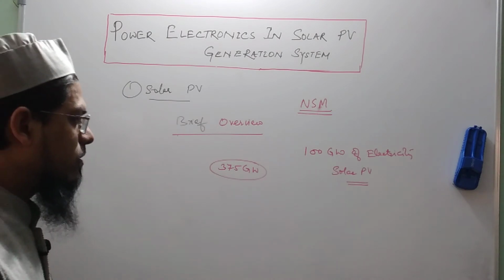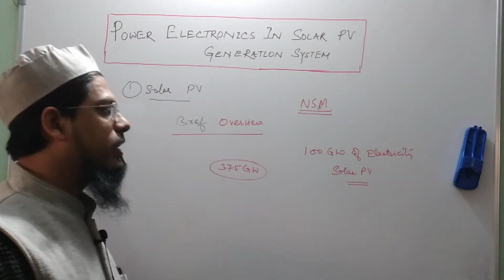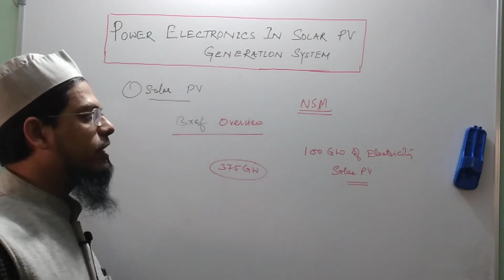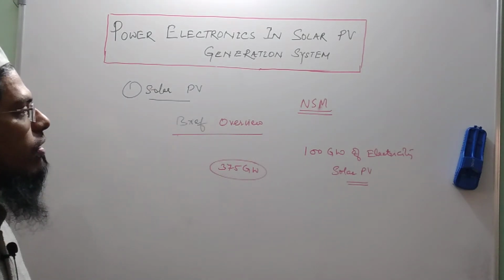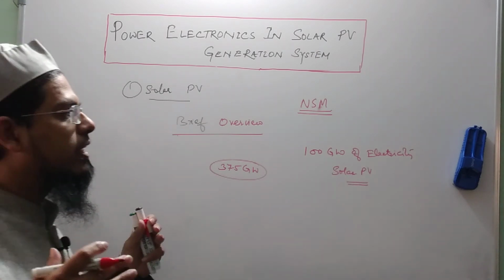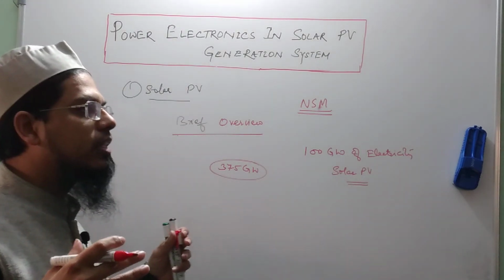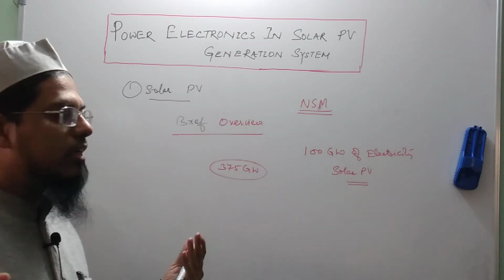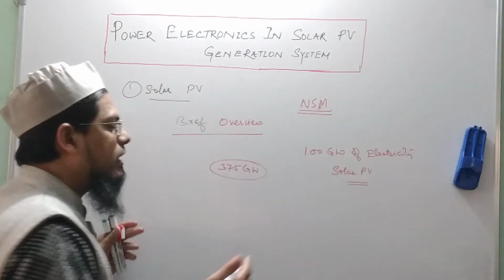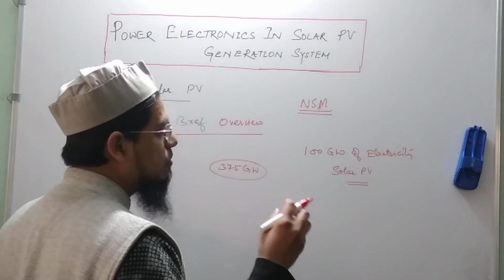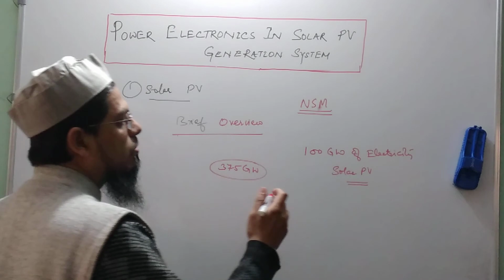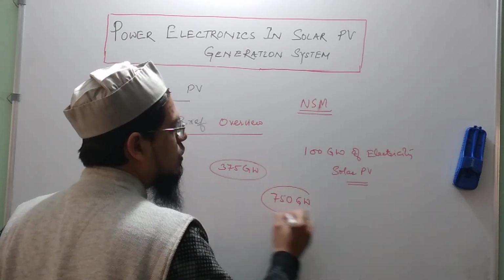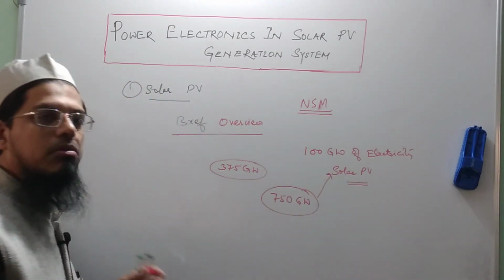And those people who work in planning and in knowing the actual potential of solar PV in India have calculated that, if judiciously used, India has a potential to generate around 750 gigawatts of electricity from solar PV alone.